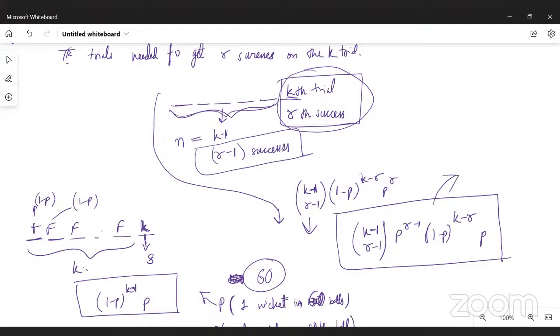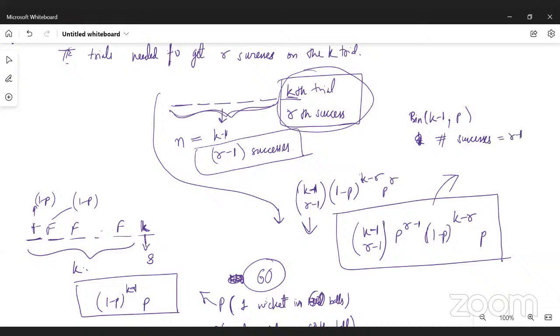Ma'am, can you explain this K minus R part? I'm getting confused. Yeah, so let's say you have a binomial distribution with n equal to K minus 1 and P is something, and the number of successes is R minus 1.